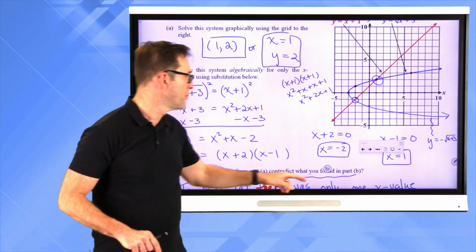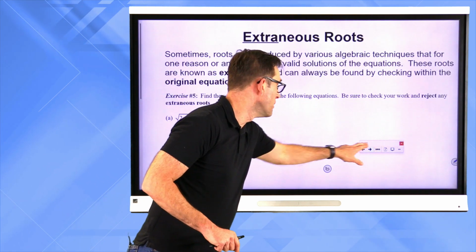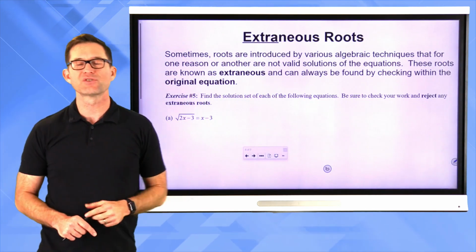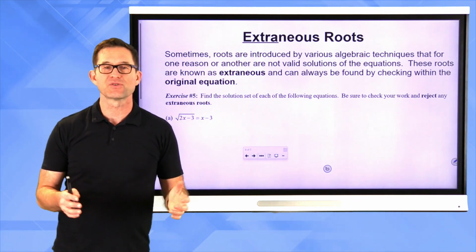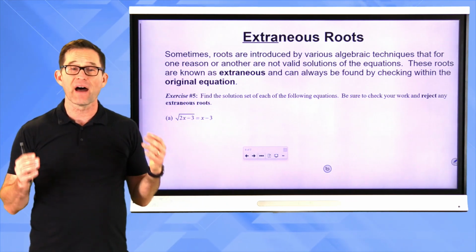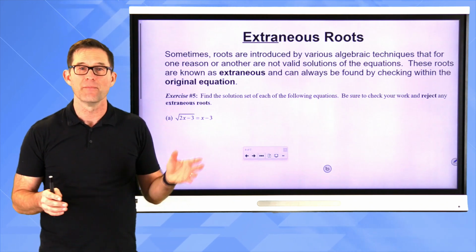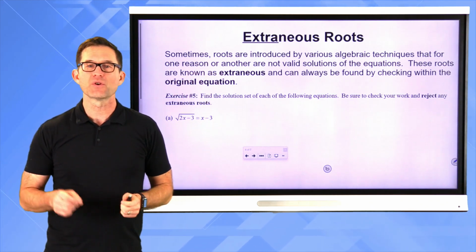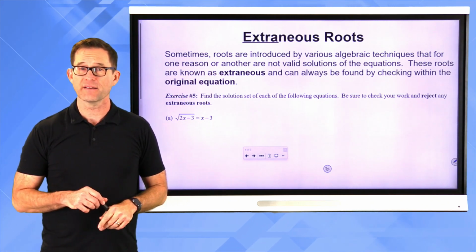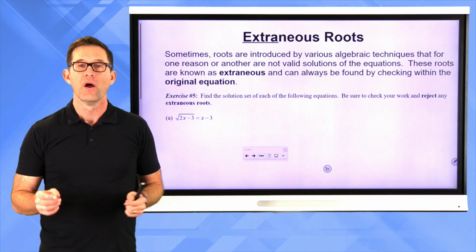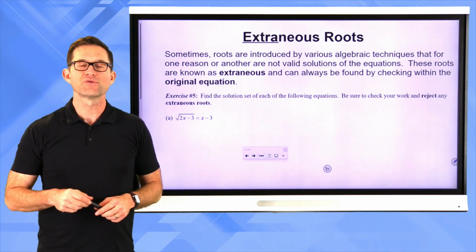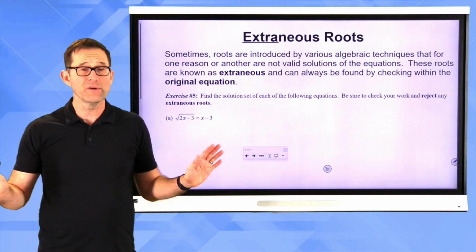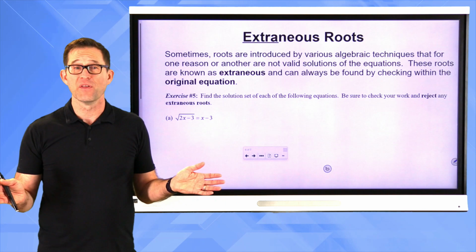So let's talk a little bit more about extraneous roots. The word extra is part of that because literally an extraneous root is a value that shouldn't be there. It's extra. Sometimes roots are introduced by various algebraic techniques that for one reason or another are not valid solutions to the equations. These roots are known as extraneous and can always be found by checking within the original equation.